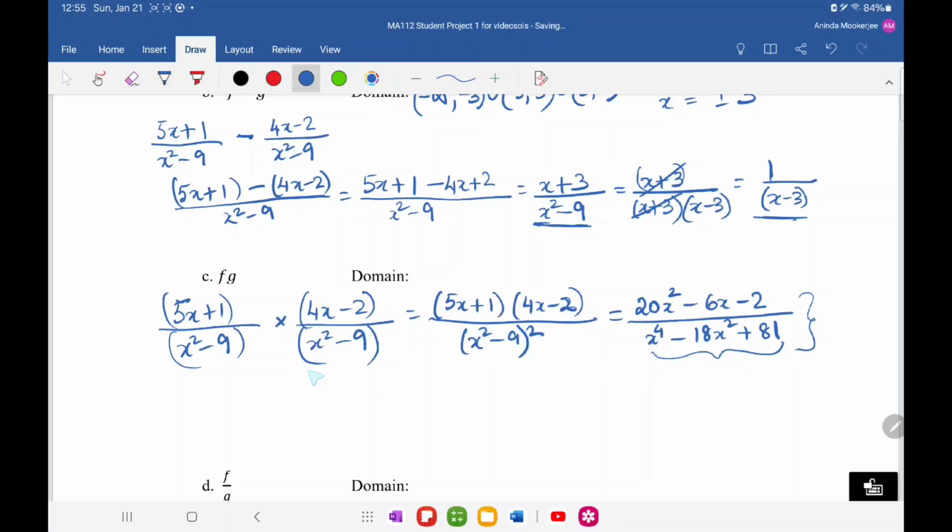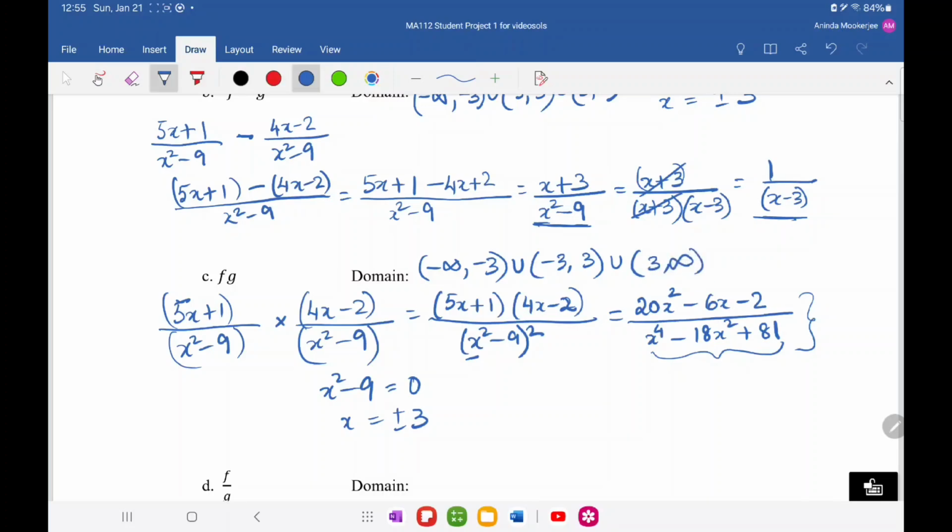So we've already solved for x. x squared minus 9 equals 0, so x will be plus minus 3. So use the same thing here: minus infinity comma negative 3, union negative 3 comma 3, union 3 comma infinity.